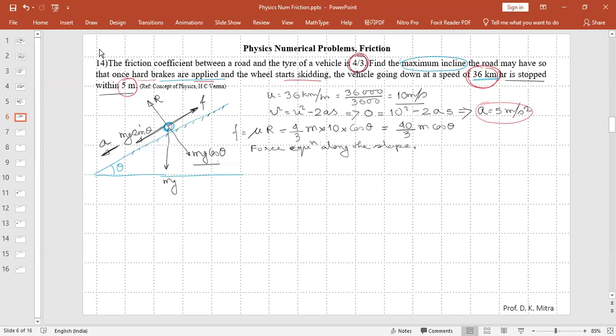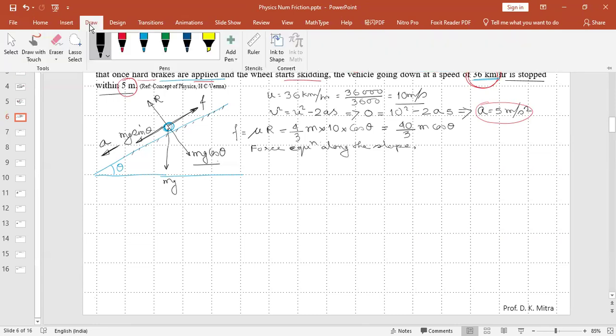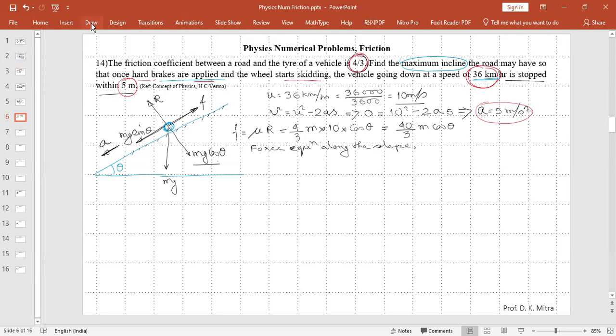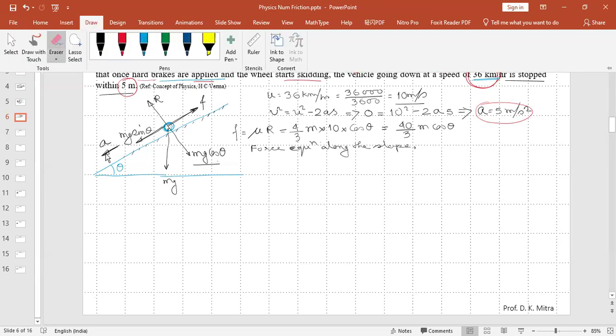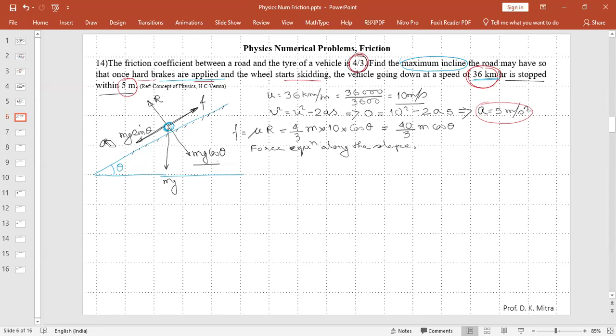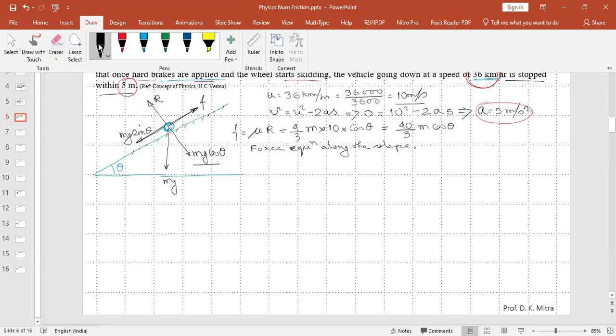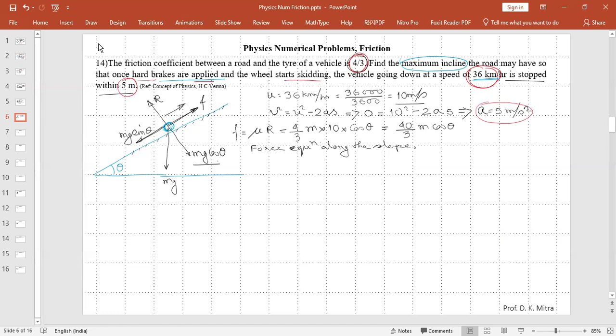Here, in fact, we should remember once again and put it clearly. Let's not write a here, because the car is coming down with a retardation. It is gradually stopping. So, vectorially speaking, the acceleration a is upward.